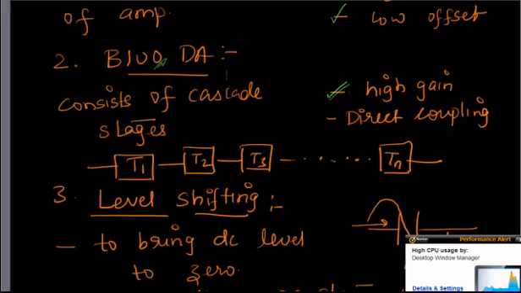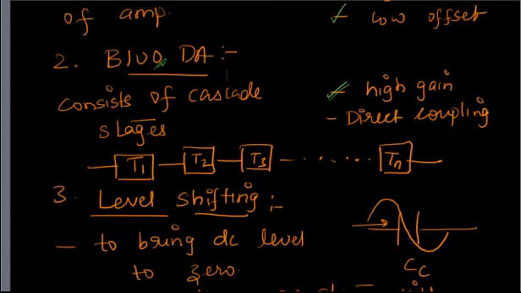The reason for this is that one amplifier is not enough to provide the gain which is needed in an operational amplifier. So to provide a large gain, a number of amplifiers are used here with direct coupling. Remember, this point is very important when we discuss the next stage. So this is a cascade of many stages.